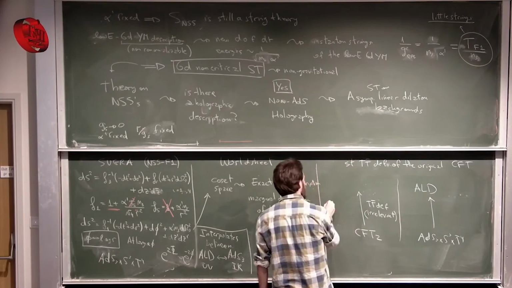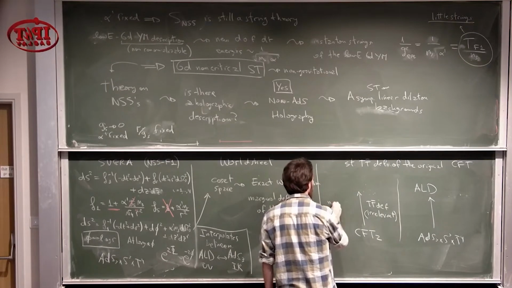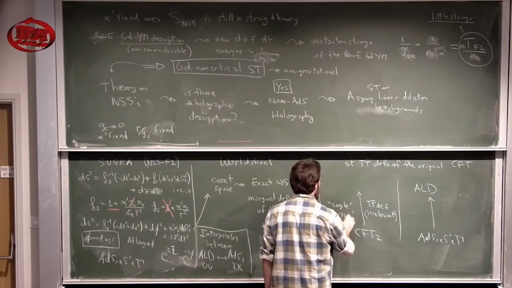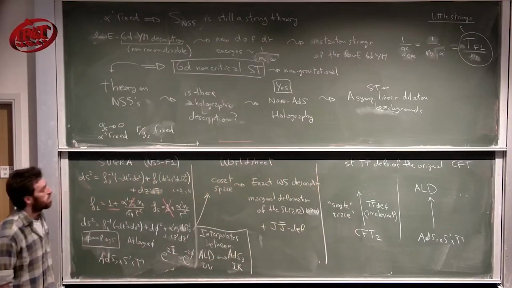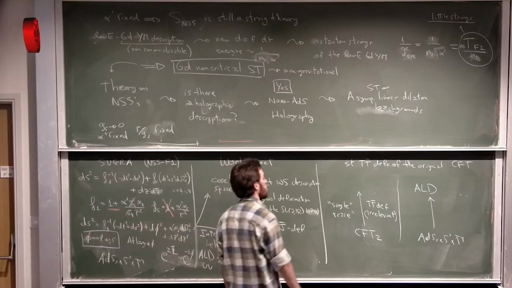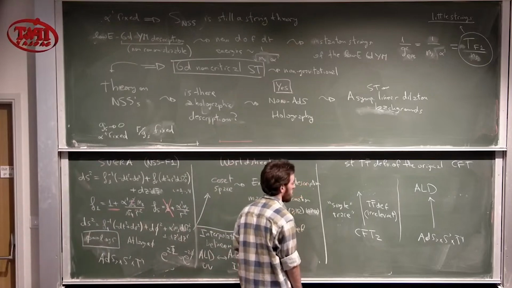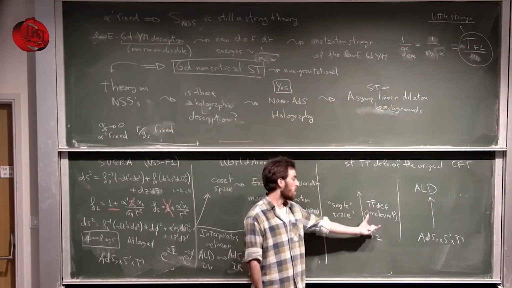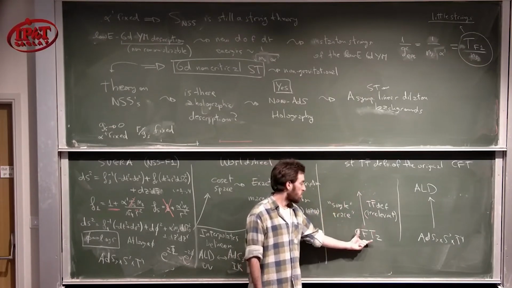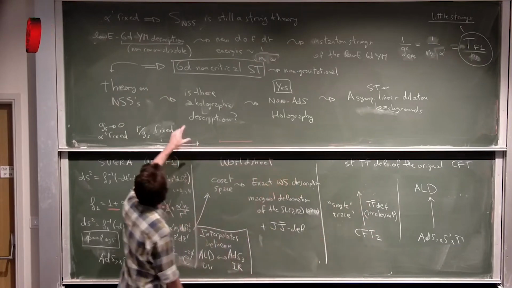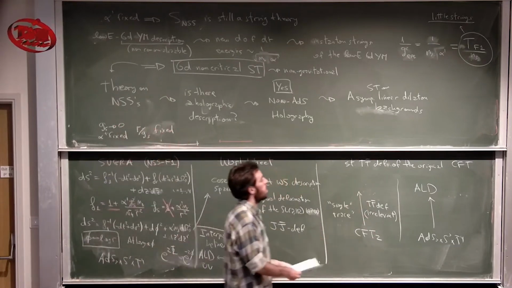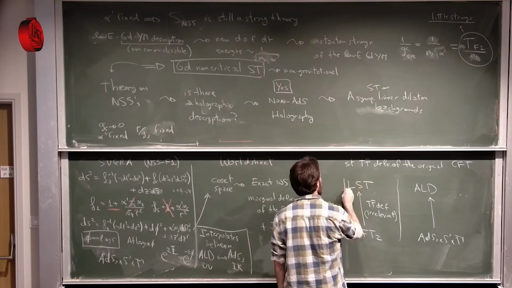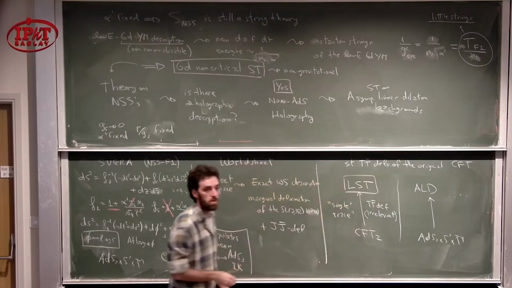It has to be a specific source, which is usually called single trace, for reasons which are framed in the notes, but I don't really have too much time to say much about it. But the point is, from a dual CFT point of view, you can define some highly tractable irrelevant deformation, which deforms the theory into whatever this interesting theory is. And so this gives you in principle a direct way to describe the interesting theory.